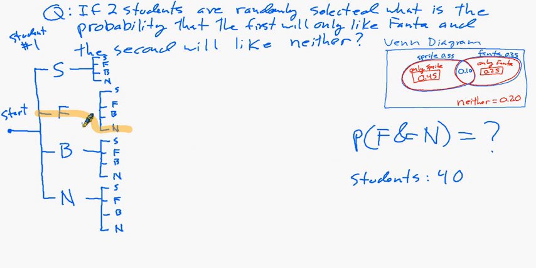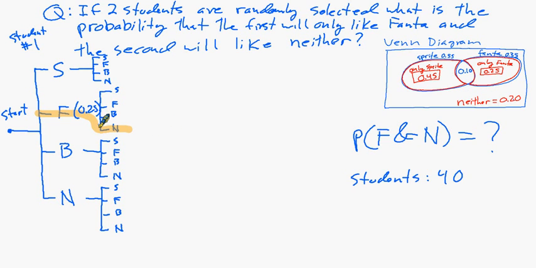So we can say, well, in this first set of students, how many like Fanta out of the total? Well, we already know that 25% of all 40 likes Fanta. So we can fill in our 25% there.